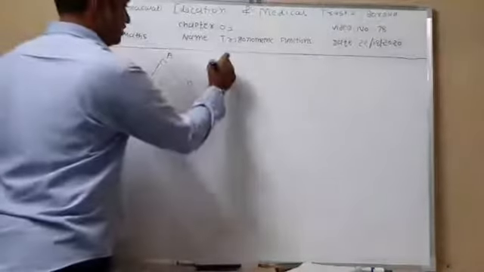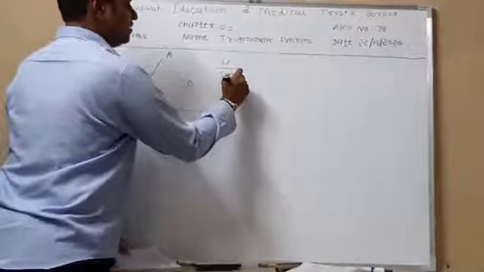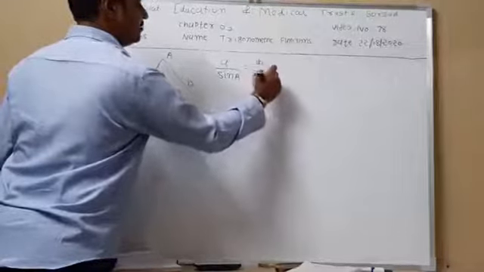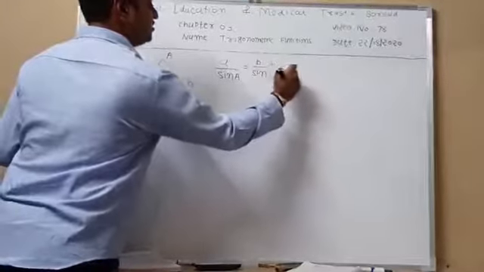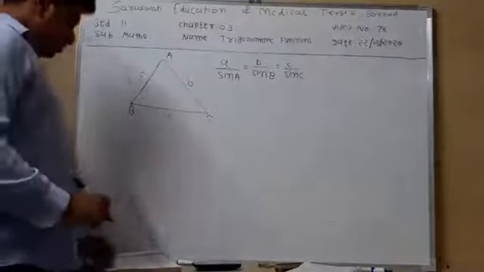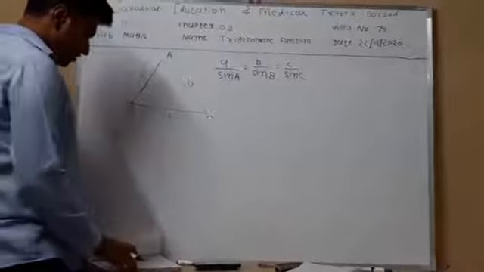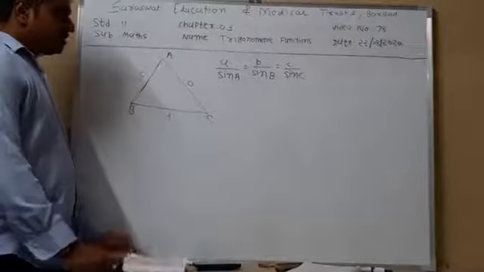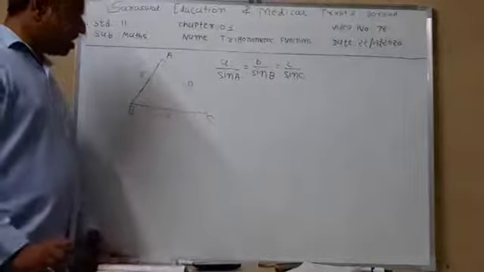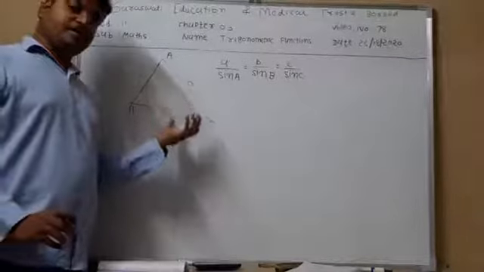That means the formula is small a upon sine capital A is equal to small b upon sine capital B and small c upon sine capital C. And the cosine formula: let capital A, capital B and capital C be the angles of triangle ABC, and small a, small b and small c the sides of triangle ABC.